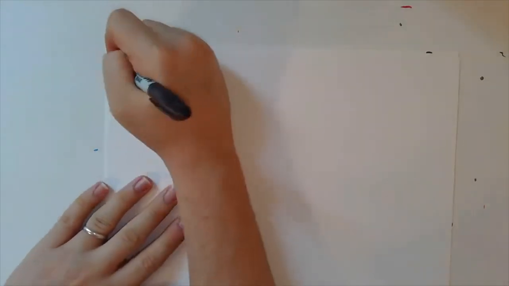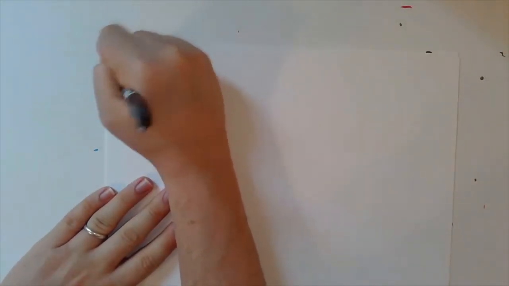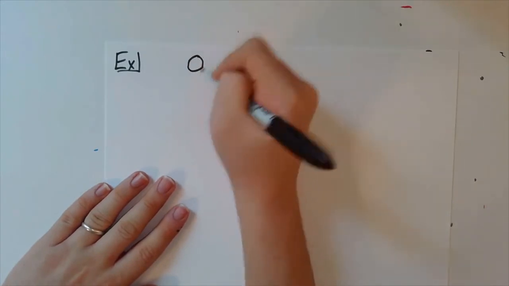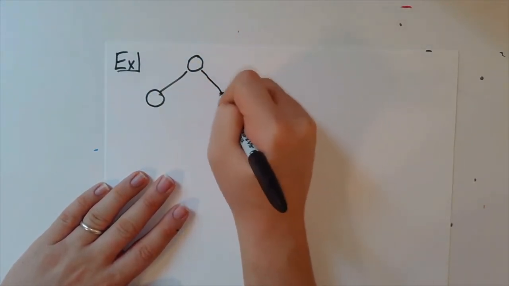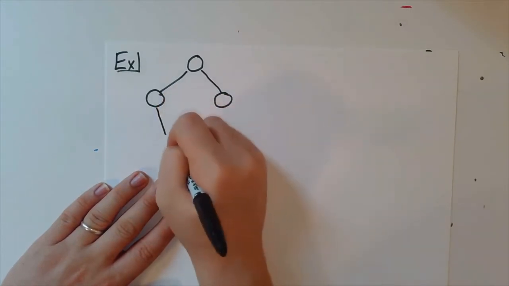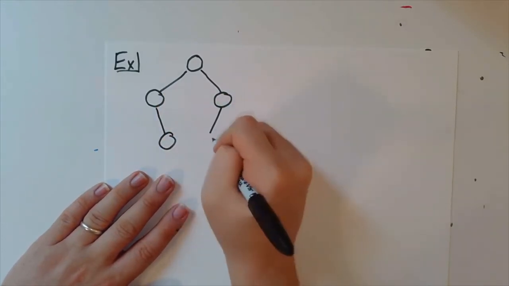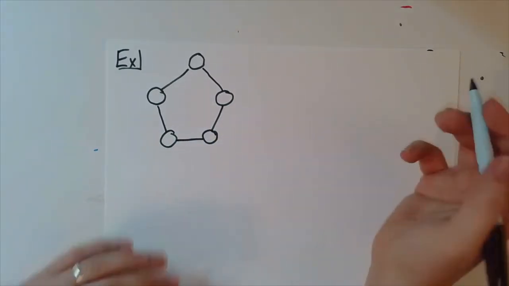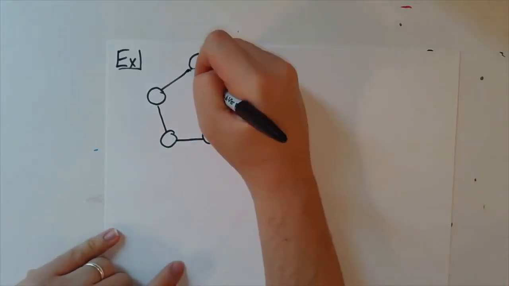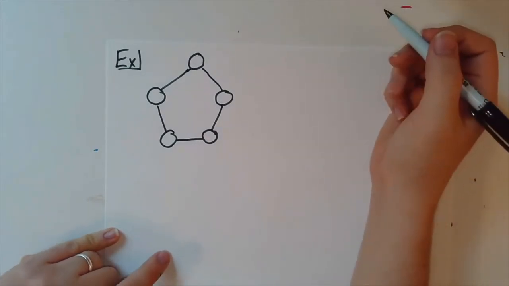So just to show you that there's a tiny bit of subtlety here, let's look at C5. Okay, so here is C5. And you might start by saying, well, I'm going to try and color it in the same way I did before.